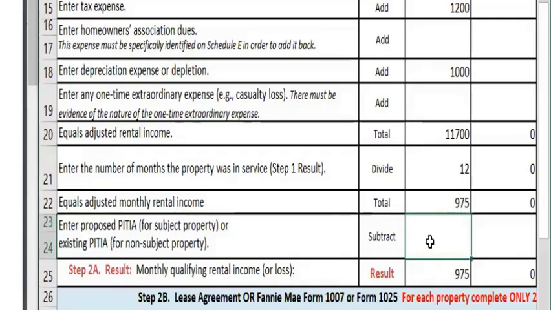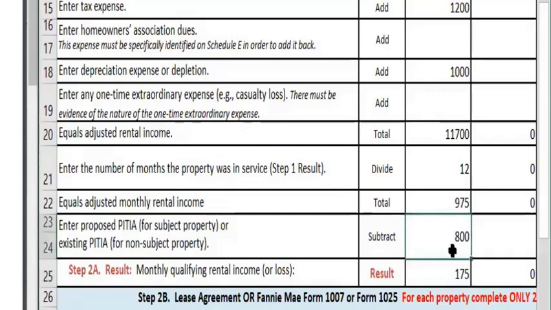So if the new payment is going to be $1,500, the income from this property would be a negative amount. But if the new payment is, let's say, $800, you will have $175 per month in positive income.